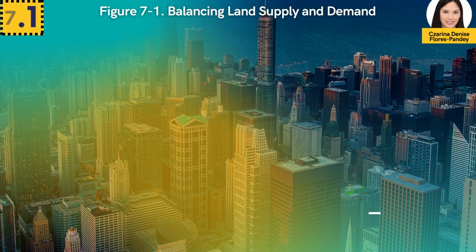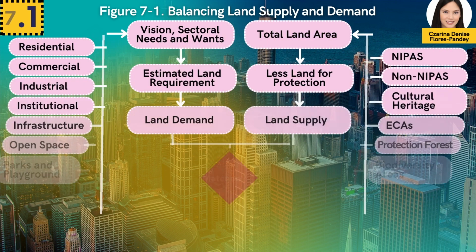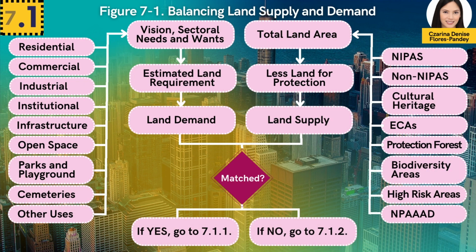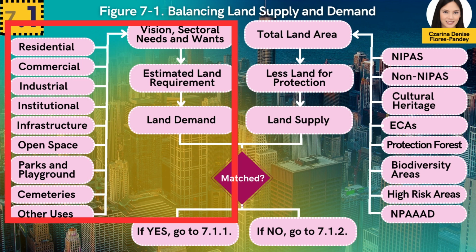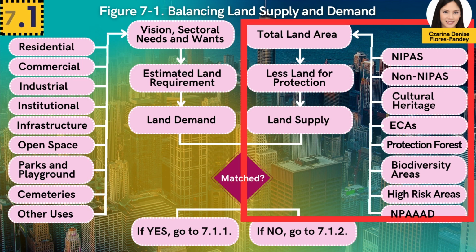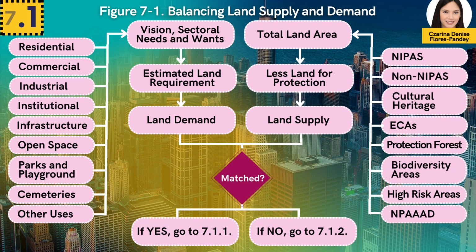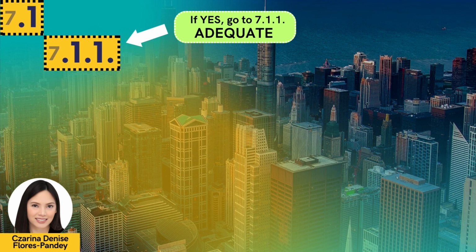The figure here, Figure 7-1, called Balancing Land Supply and Demand, illustrates the details of this activity. On the left side is the land demand, and on the right side is the land supply. It is determined whether these are matched. If yes, they are matched, and the land is adequate, go to 7.1.1.